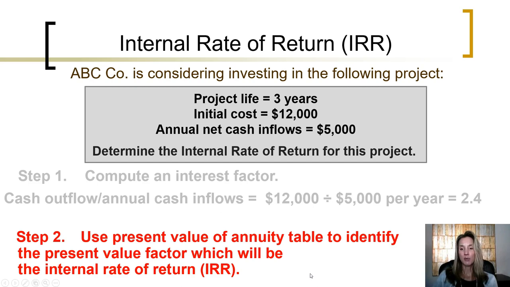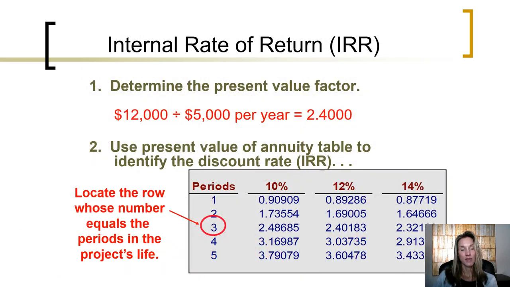The second step will be to use that 2.4 interest factor to identify the present value factor, which will be the internal rate of return. So we need to go to the present value factor table in order to do this. We are going to take the 2.4 and first go to the period row that equals the periods in the project's life.